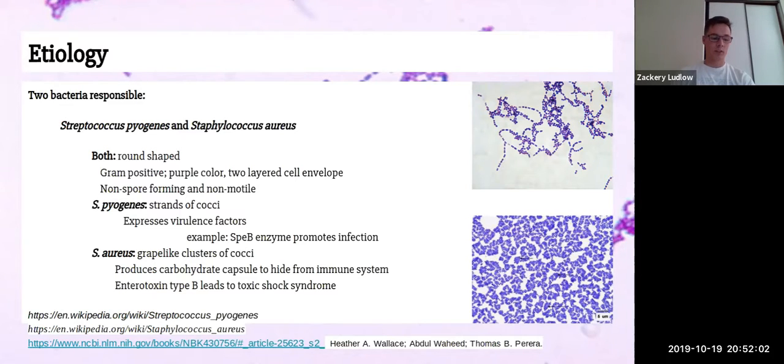Streptococcus pyogenes expresses several virulence factors that enable the disease to progress, such as a cysteine protease called SPEB, an enzyme that promotes the site of infection on the skin. And Staphylococcus aureus produces a carbohydrate capsule, which helps it hide from host immune detection.